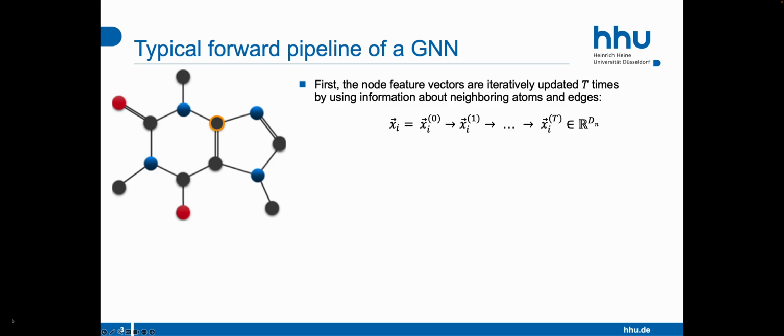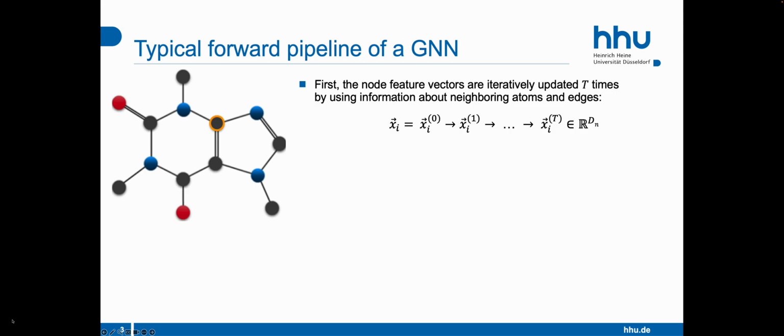We are now looking at how a typical forward process of a graph neural network looks like, without going into details here. On the previous slide, we have seen that we calculate initial atom and bond feature vectors. We now typically update all atom feature vectors by using information about neighboring bonds and atoms, and we do this iteratively for a predefined number of steps t.